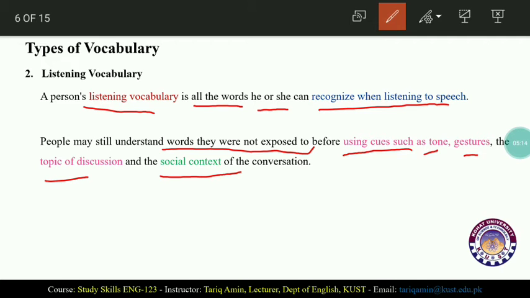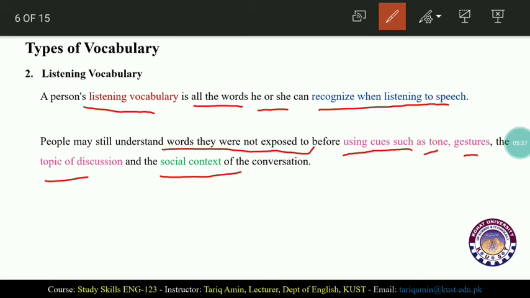We had discussed this point in guessing the vocabulary of difficult words, that sometimes we guess the meaning of unfamiliar words with the help of different cues, such as example cues, synonym cues, antonym cues, tone, gestures, postures, topic of discussion, and the social context of conversation.